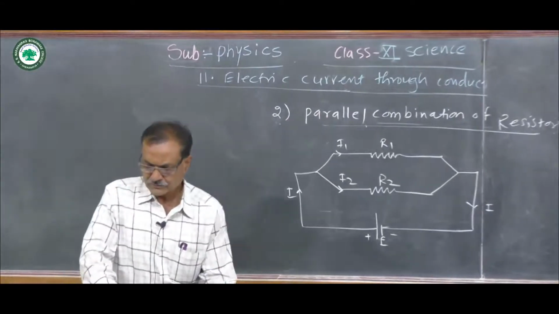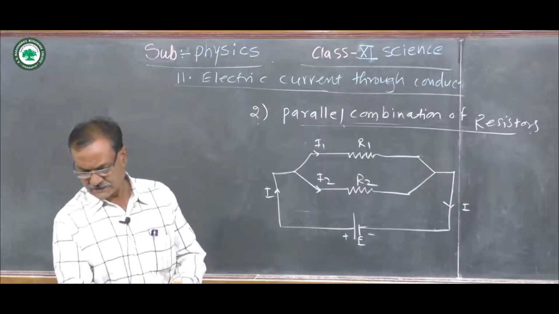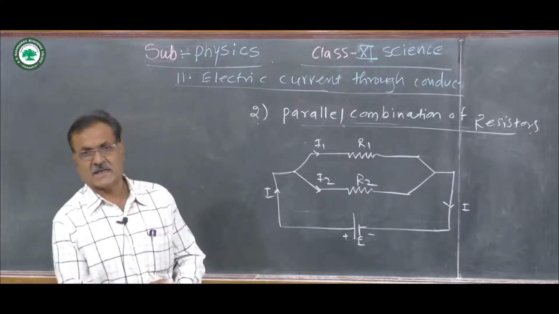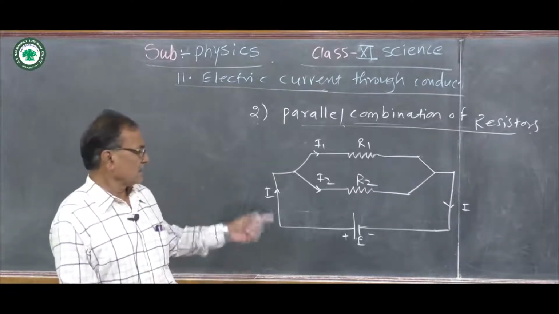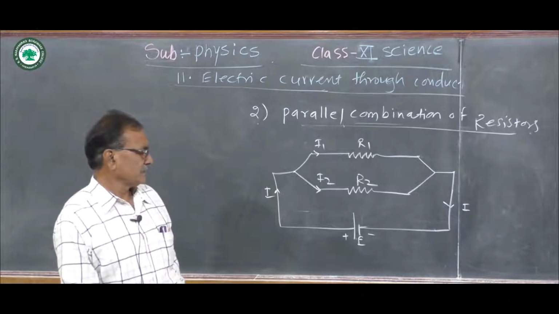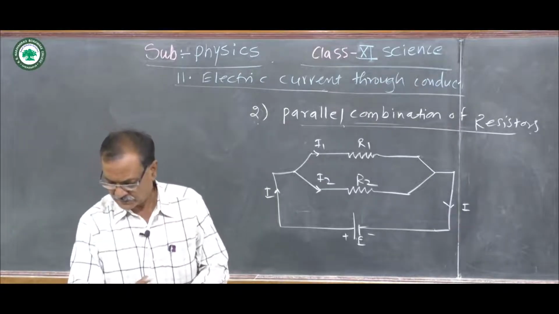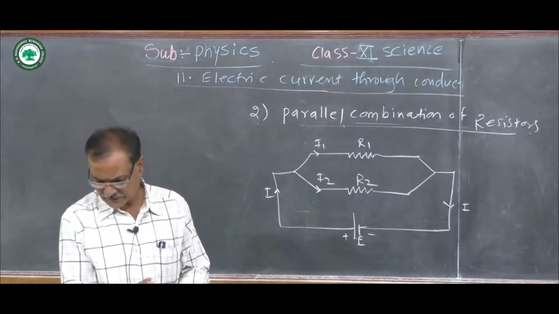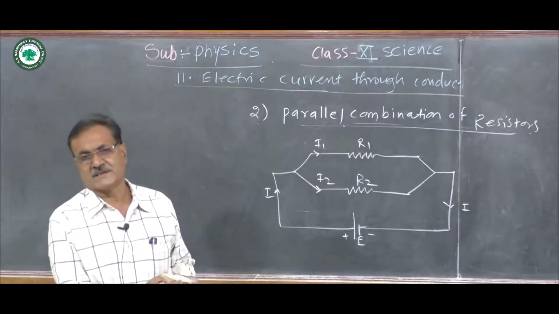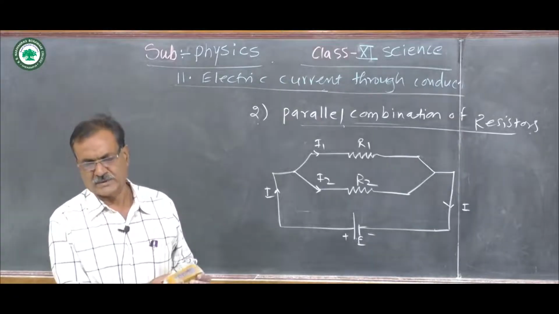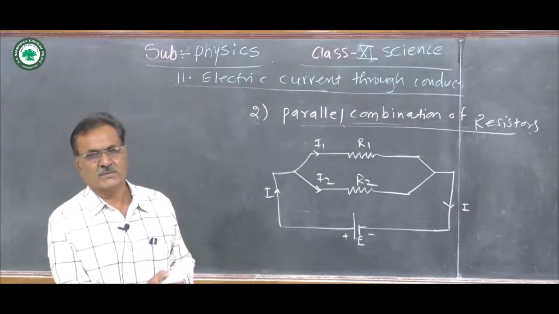Now, in the parallel combination, resistors are connected in such a way that the same voltage is applied across the combination, and the current flowing through each resistor is different, that is I1 and I2.